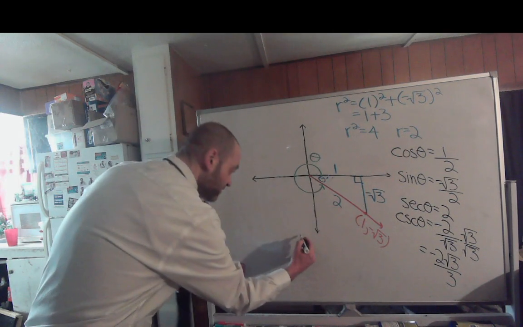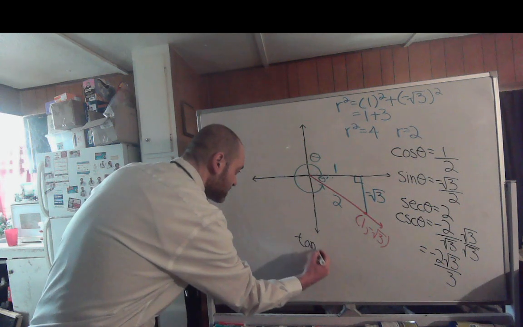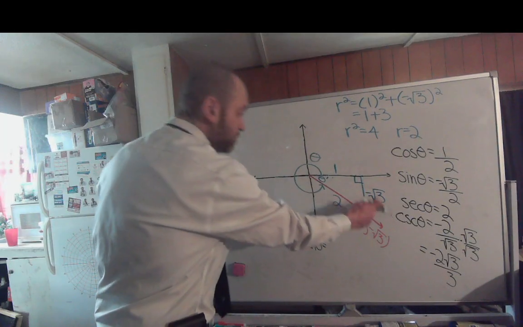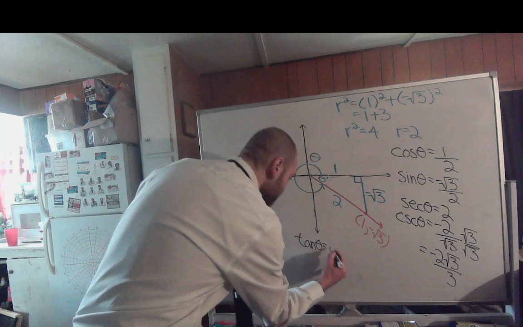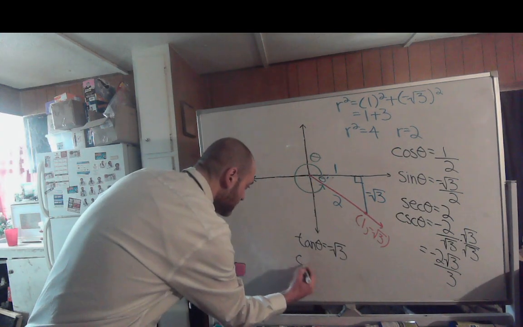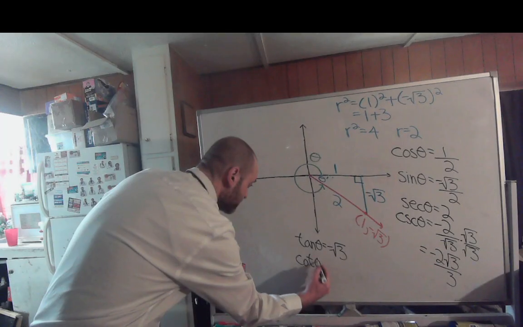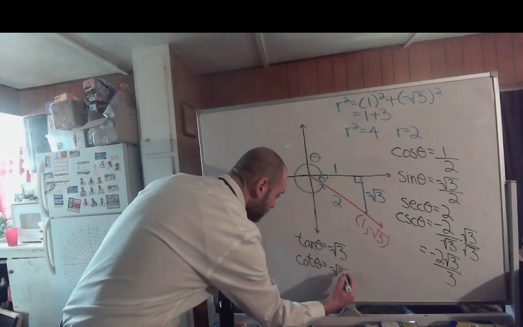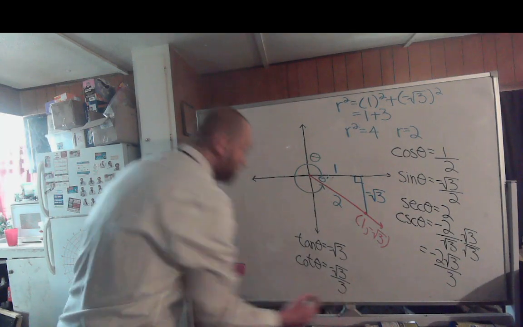Now all we have left are the tangent and cotangent. So the tangent is opposite over adjacent, so that would just be the negative of the square root of 3. The cotangent is the reciprocal of tangent, so you would just end up getting negative of the square root of 3 over 3.